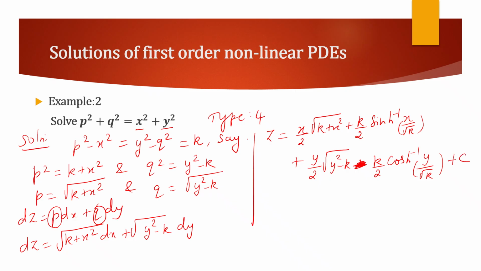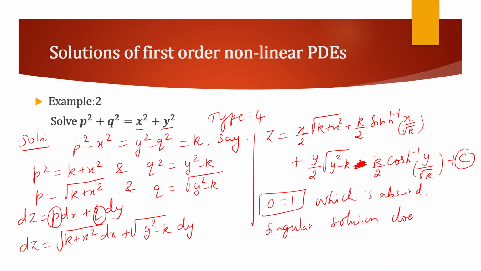So now differentiating this partially with respect to c, we get 0 is equal to 1, which is absurd. So for this equation we have no singular solution. So singular solution does not exist here.